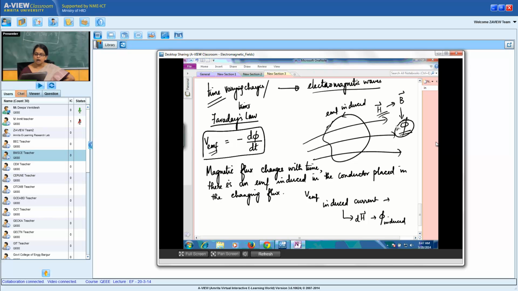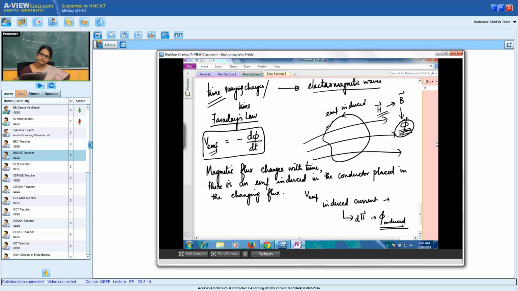I originally had a flux because of some external magnetic field. Now I have a flux due to the induced current. Because phi is changing, you have an EMF, you have an H, you could have phi induced, that will add up to this phi, then it becomes a non-conservative system.